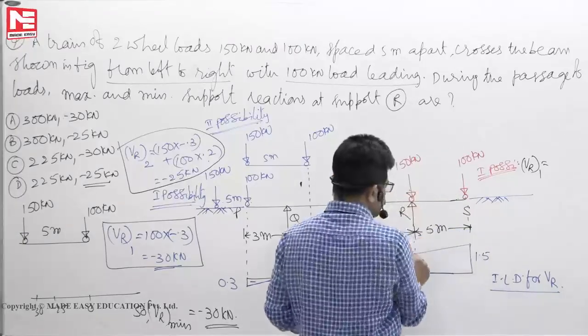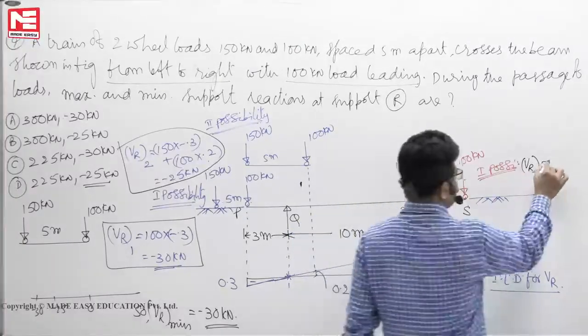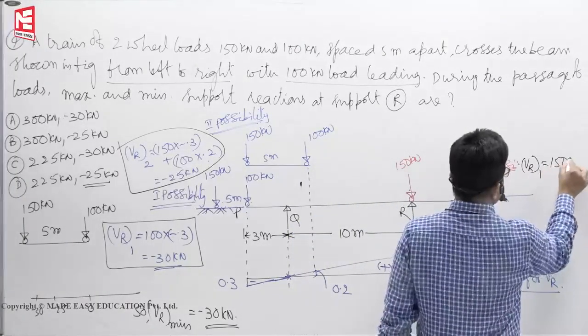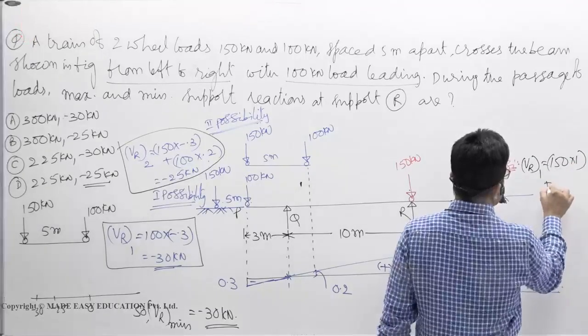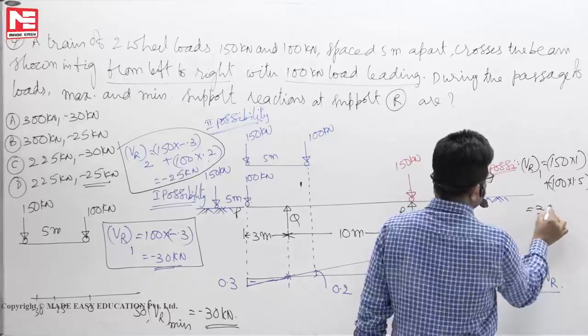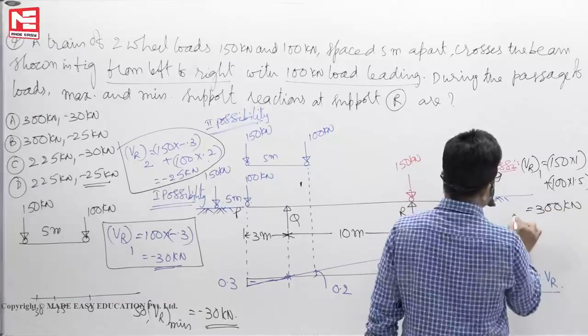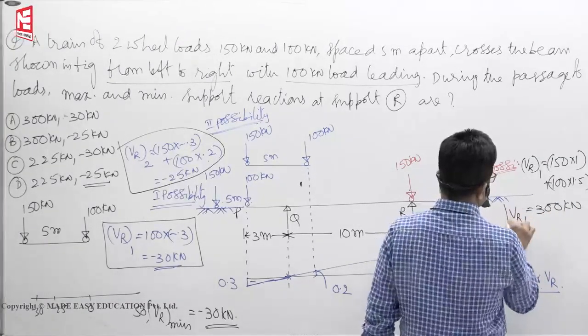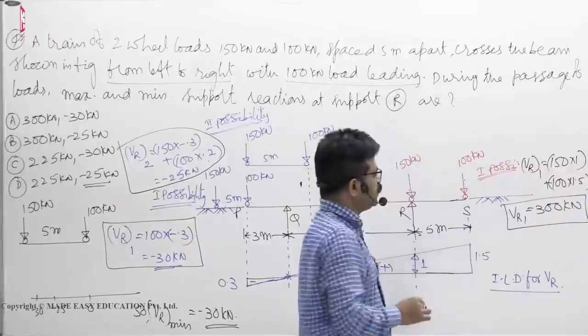How much will you get? 150 into 1, 100 into 1.5. 150 into 1 plus 100 into 1.5, so you will get 300 kilonewton. In the first possibility, you get 300 kilonewton.